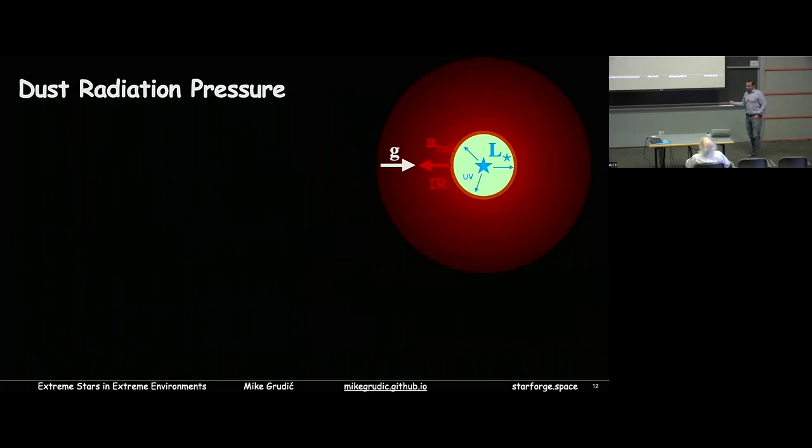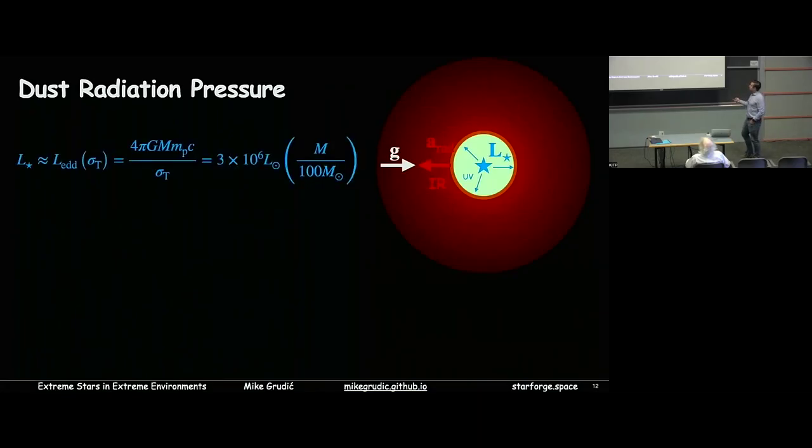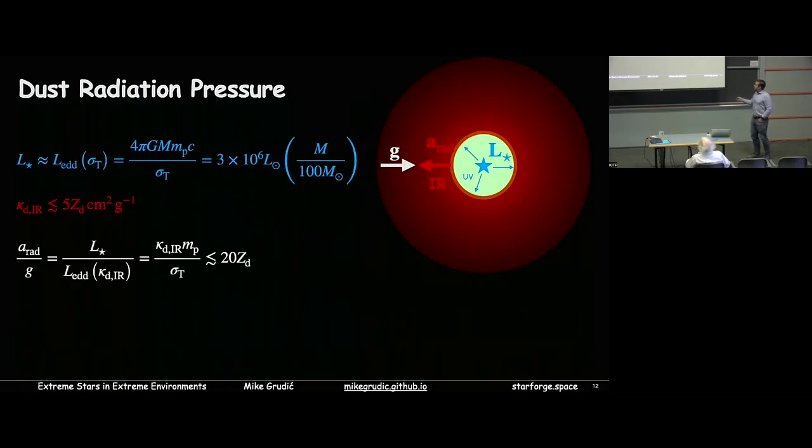As we go to lower metallicity, we also have an interesting effect with dust radiation pressure. Very massive stars are basically at the Eddington limit at the Thomson opacity, but the gas around the accreting massive star is subject to the dust opacity.